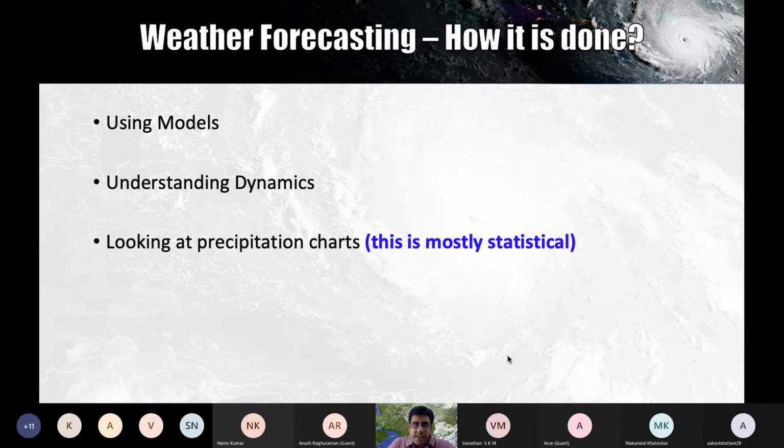Looking at precipitation charts is mostly from a statistical viewpoint, because we look at the past 100 years of history and see that this area used to get a lot of rain. Like for instance, Cherrapunji, it will keep getting rains. So we make hotspots of regions which are rain shadow, or which are the rainiest places. So these are the three modules of weather forecasting.